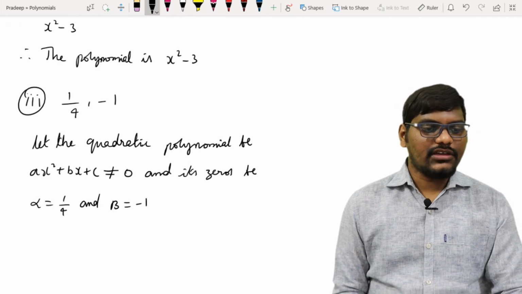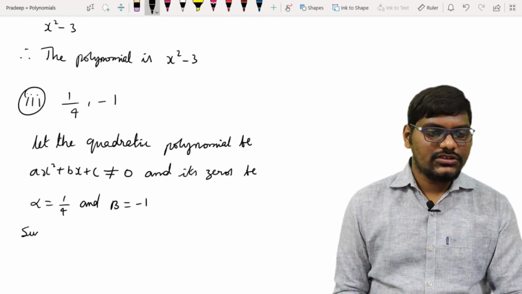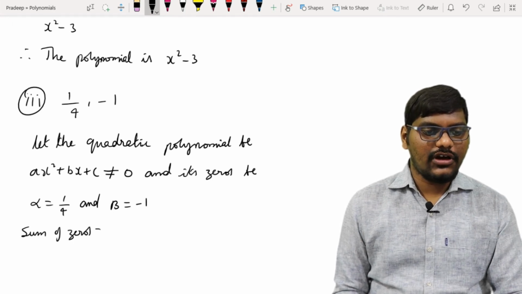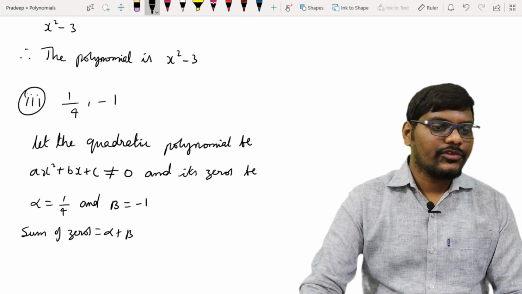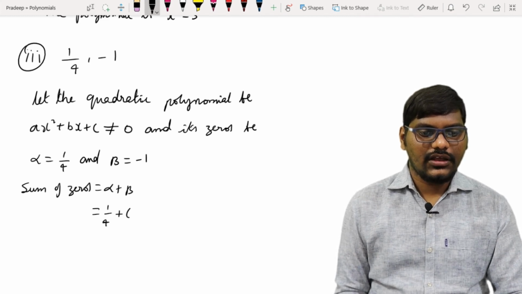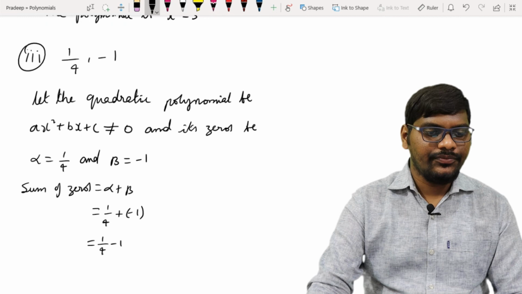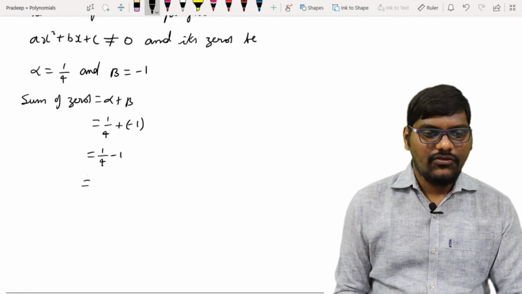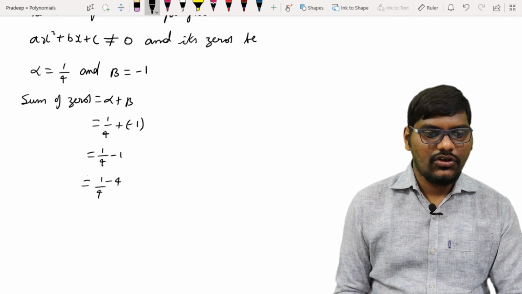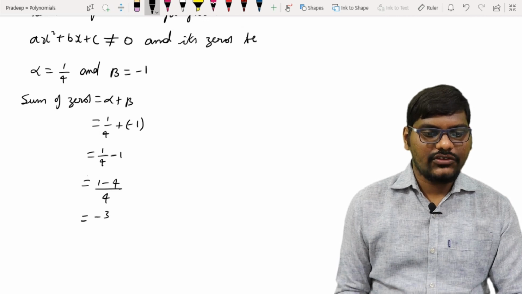Okay, so we'll write the sum of zeros, that is nothing but alpha plus beta. Alpha is 1 by 4 and beta is minus 1. So we'll be getting 1 by 4 minus 1. Once we do the LCM, what do we get here? 1 by 4, so 4 comes here, so I can write 1 minus 4 whole by 4, so this is minus 3 by 4.